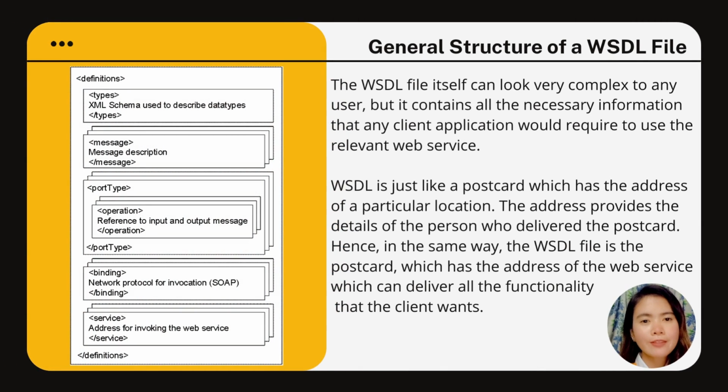WSDL is XML, so it can be read by any programming language such as Java, Python, and so on. And because WSDL is already XML, it reduces the code needed because it is easy to translate to .NET, SAP, Python, and so on.